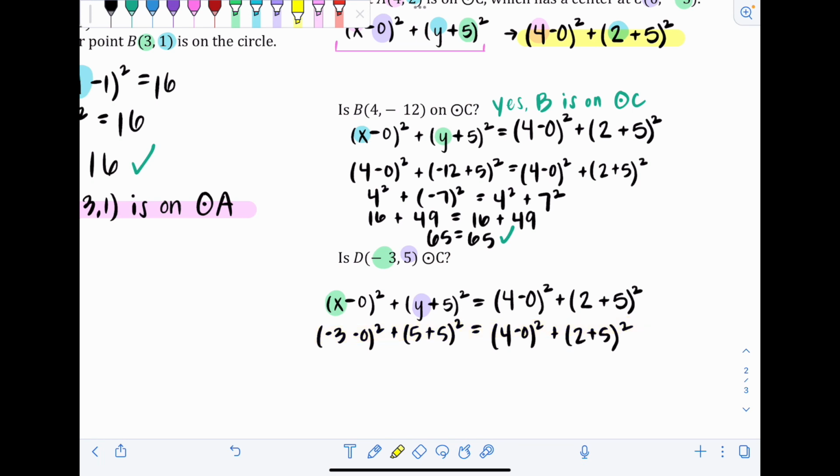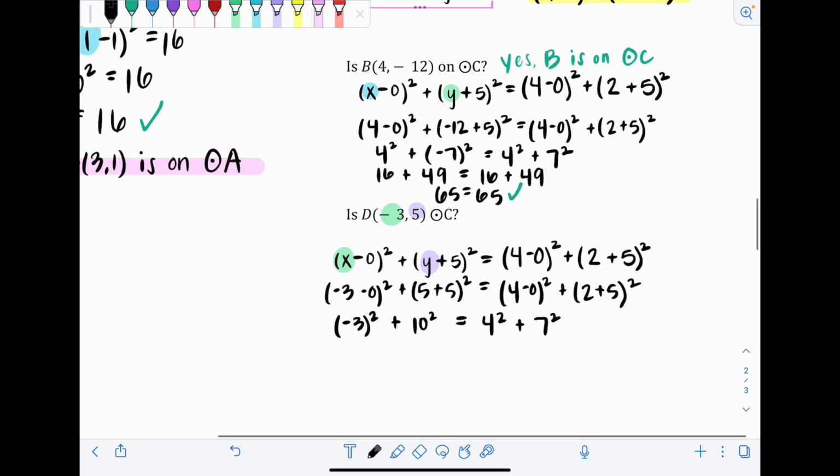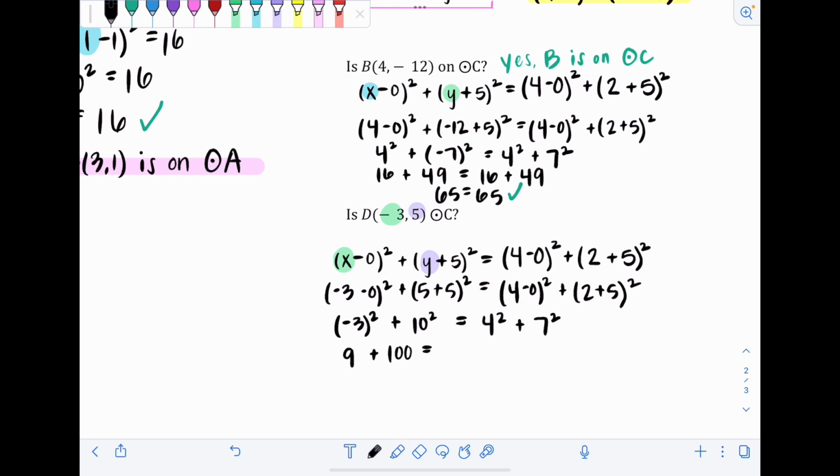So negative 3 minus 0 is negative 3 squared, plus 5 is 10 squared, equals 4 minus 0 is 4 squared, plus 2 plus 5 is 7 squared. Negative 3 squared means negative 3 times negative 3, so it'd be 9, plus 10 squared is 100, equals, this simplifies the same way as the previous one on the right side, 4 squared is 16, plus 7 squared is 49.